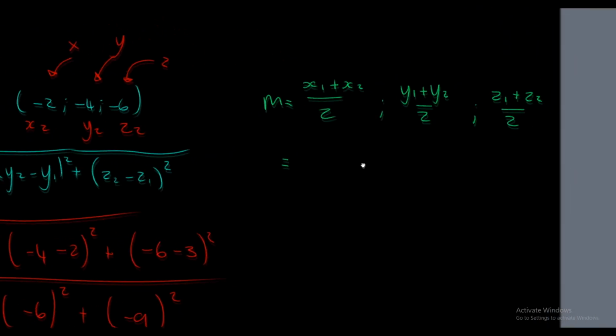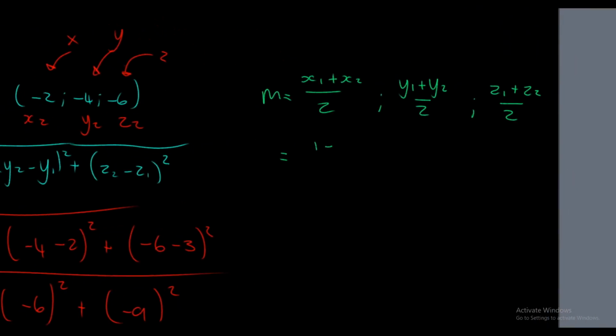1, 2, 3. Okay, so the coordinates are 1, 2, 3. So I'm just going to say 1 plus 2 plus 3 over 2 over 2 over 2. Then we have plus -2 plus -4 plus -6. So this is to solve my x, my y, and my z. Let's make a little purple note to say x, y, and z.